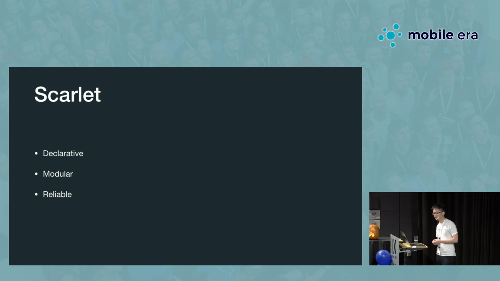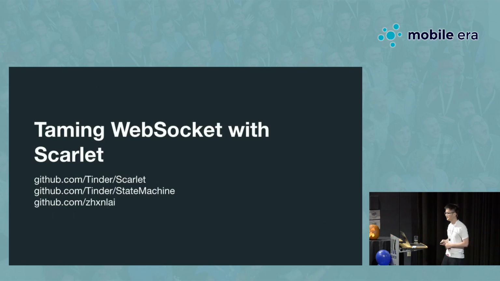And it's reliable because it's powered by a state machine that is fully tested. Finally, Scarlet is evolving. We are adding other protocols to Scarlet in addition to WebSocket. I hope Scarlet can make your life easier.